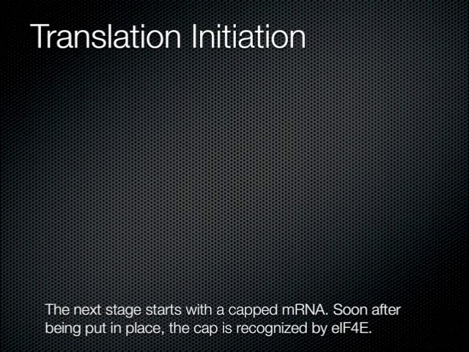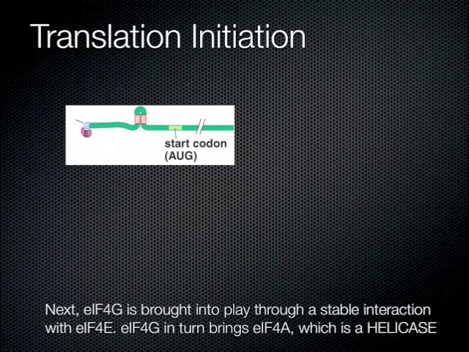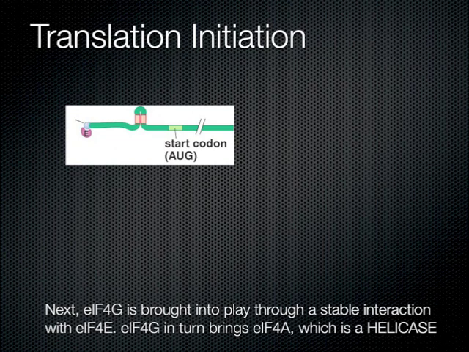The next stage starts with a capped messenger RNA. Soon after being put in place, the cap is recognized by the eukaryotic initiation factor 4E, also known as the cap binding protein. Next, EIF4G, the so-called grouping factor, is brought into play through a stable interaction with EIF4E.